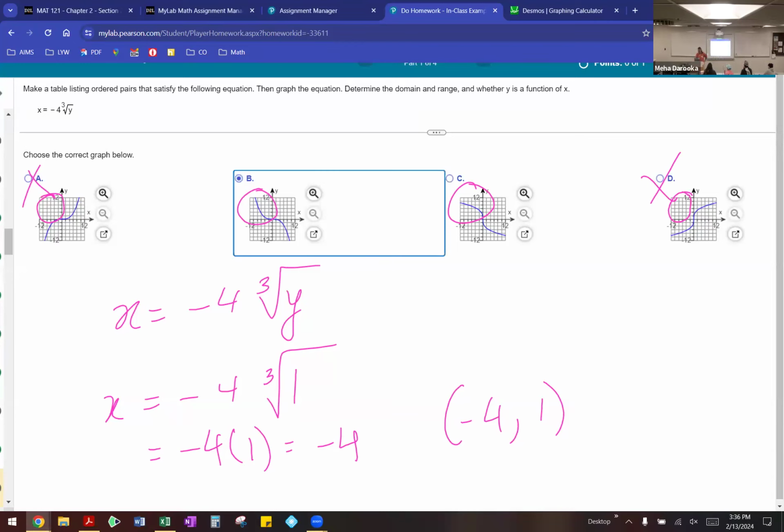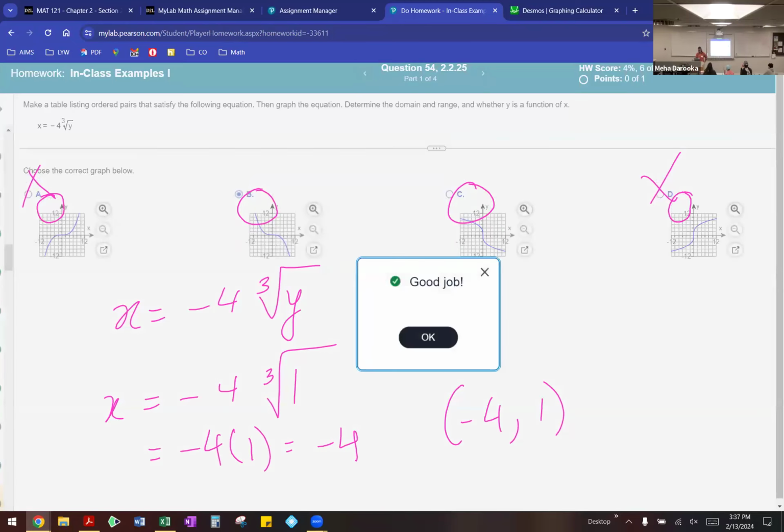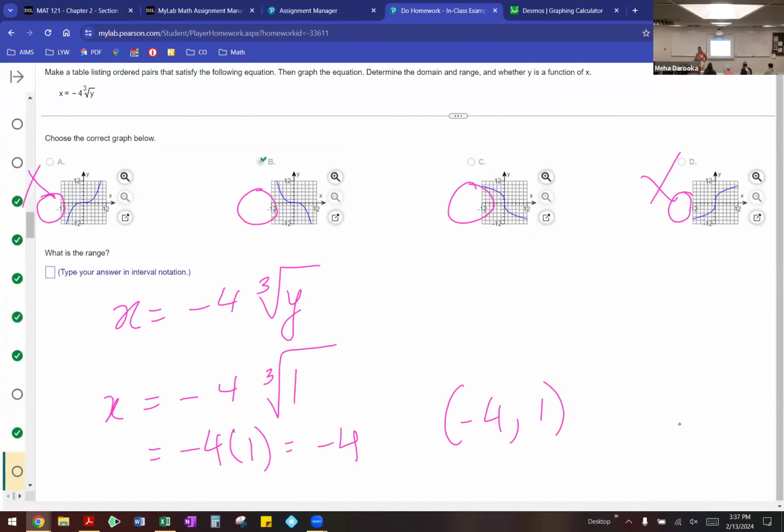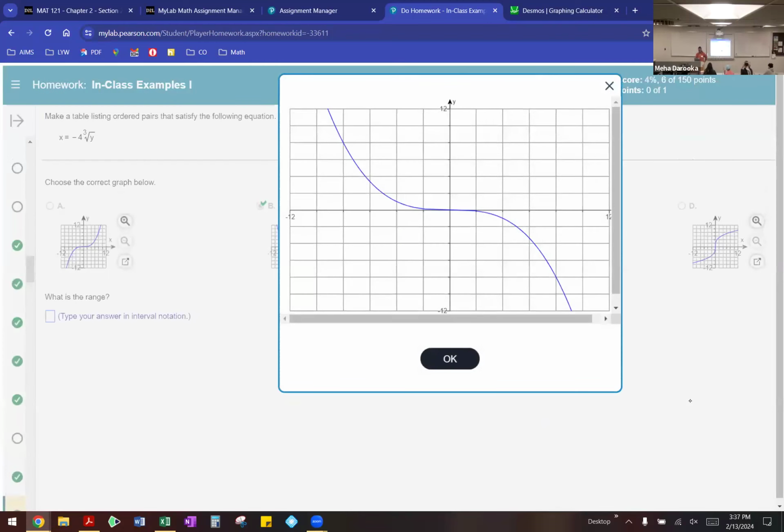All right, so we've got option B. Let's see if we can check that. All righty, nice. So we've got option B, that helped us. And I can enlarge that graph for you. So what's happening here, guys, is because of that negative sign, you are seeing the shape that you are.